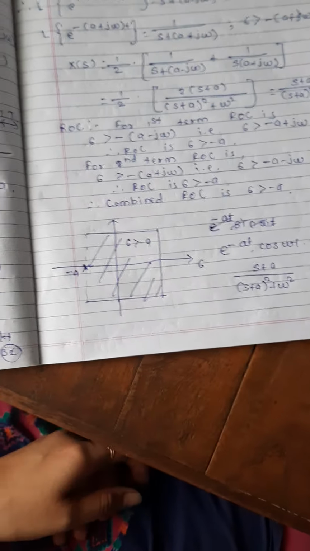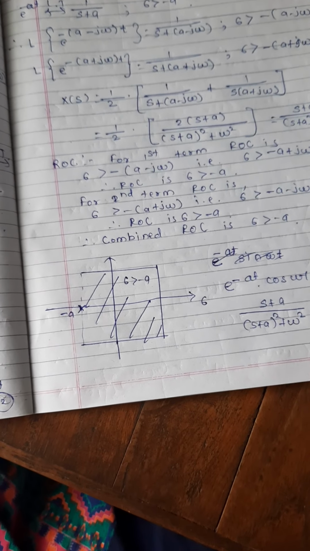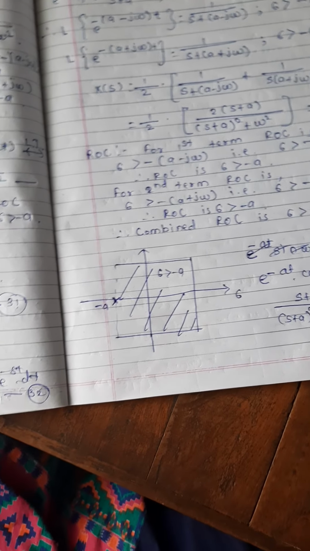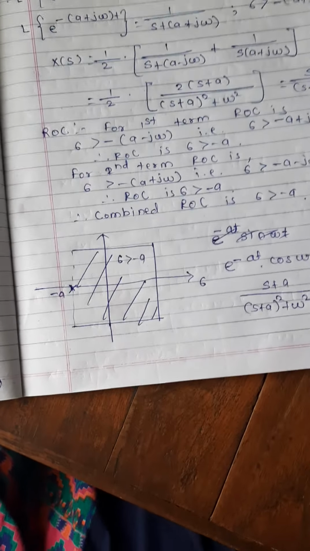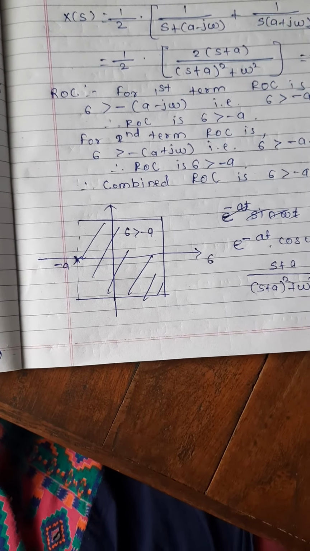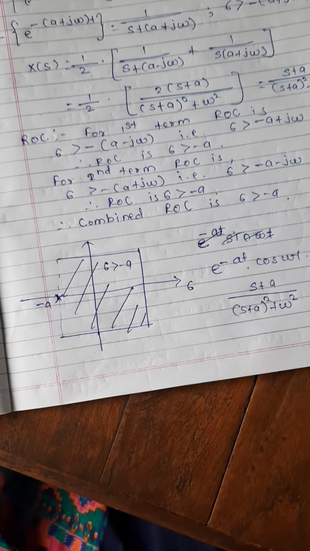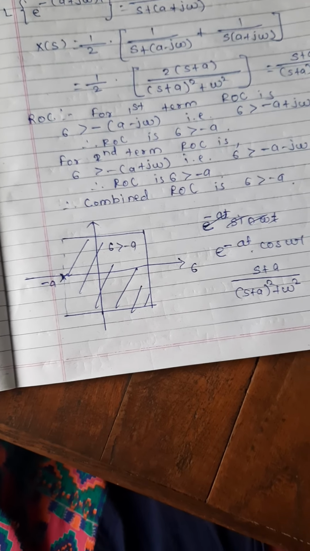So in this way we can find the Laplace transform of different functions, that is for sine wave, cosine wave, damped sine wave, and damped cosine wave.